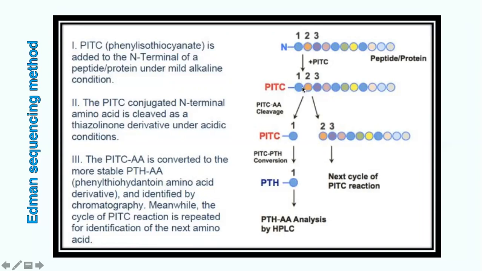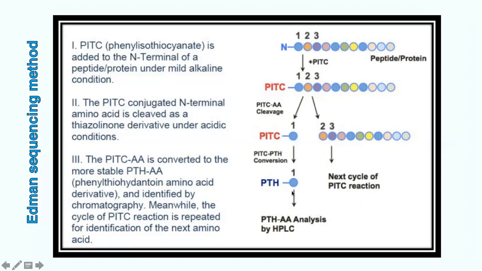So it leaves behind a combination of the Edman reagent with the first amino acid, leaving behind a shorter polypeptide chain. So this polypeptide chain can again react with the Edman reagent to complete the cycle of reaction.